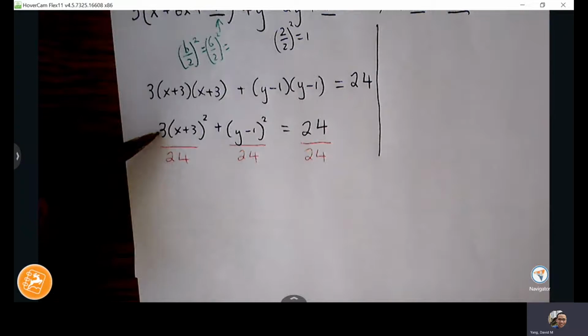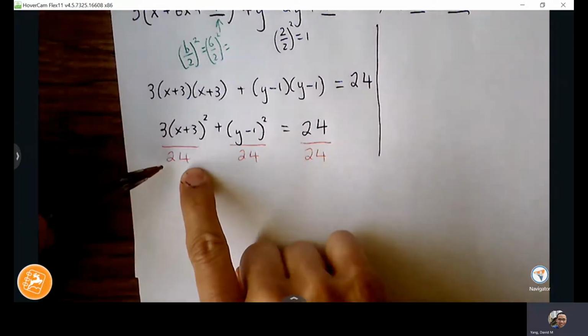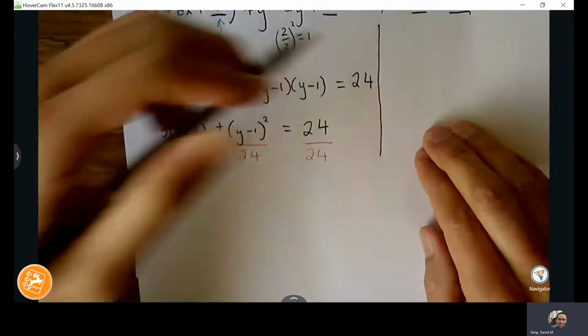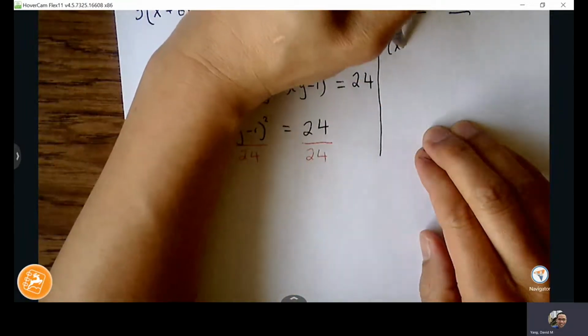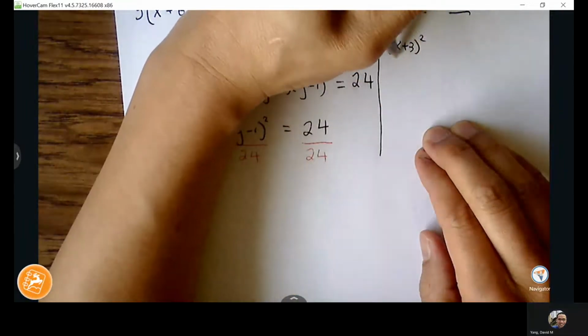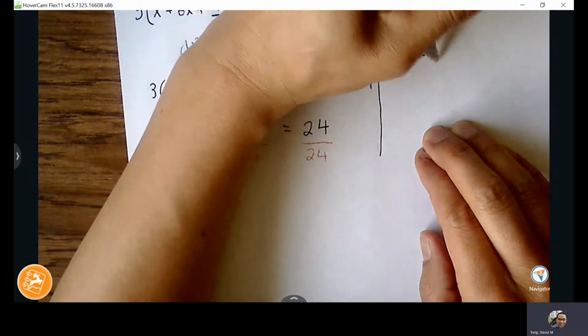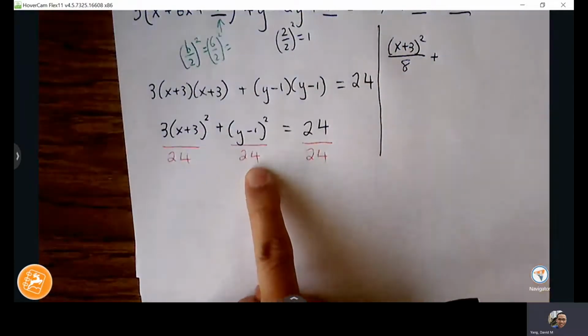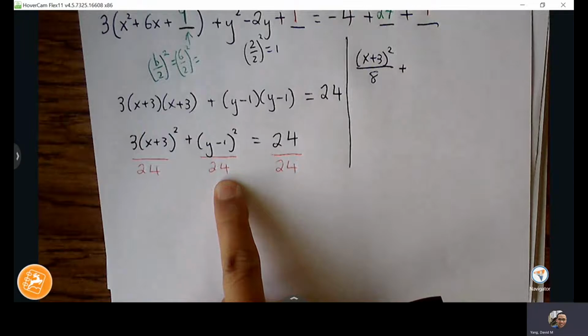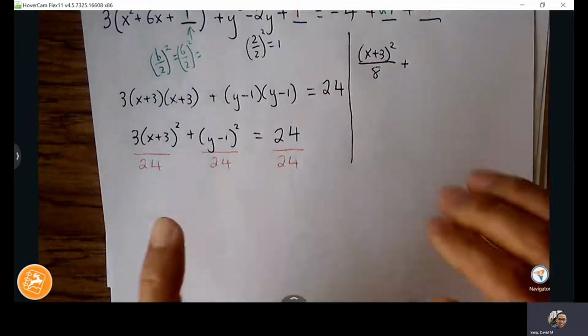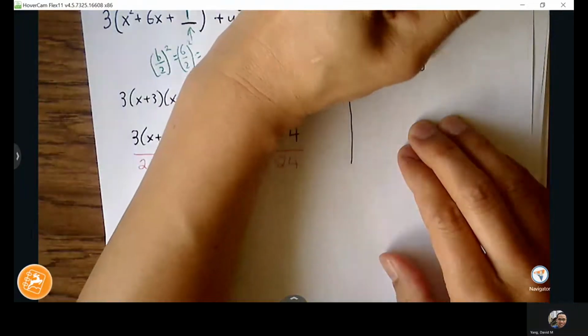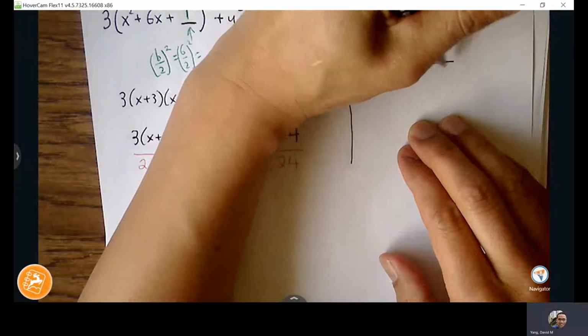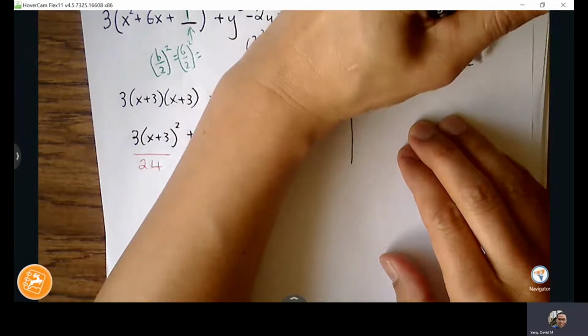Okay, let's reduce each fraction here. Okay, 3 and 24 reduces to be what in the denominator? Just 8, right? 24 stays, equals 1.